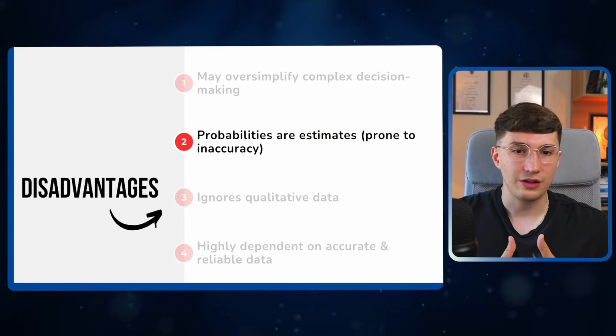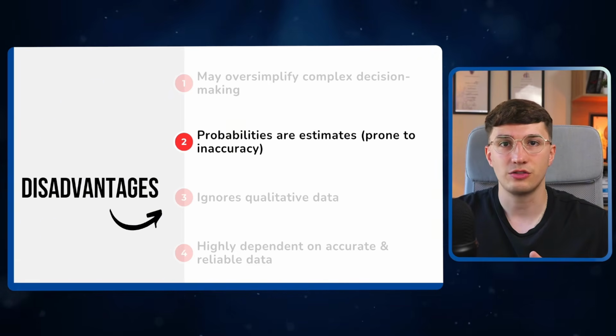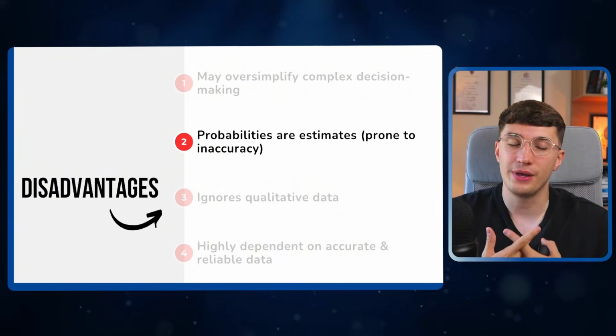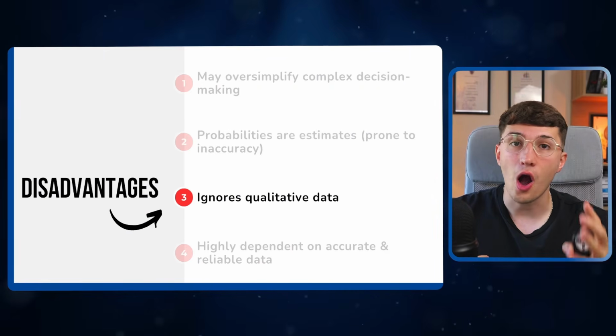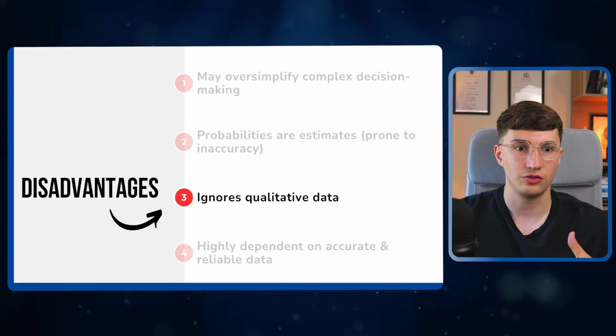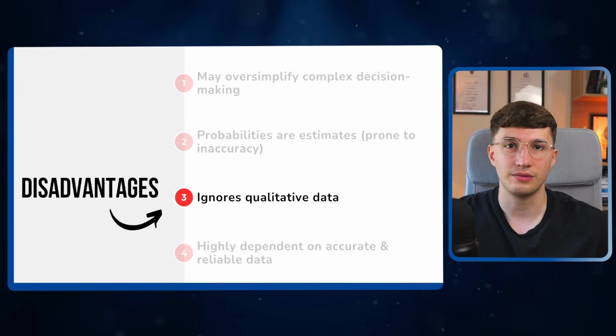We could say that on the decision tree there is an 80% likelihood that it's going to succeed. But in realistic terms, that could be completely off. And when looking at our decision trees, they only use quantitative data. We only use numerical data such as the financial gain. And that means we ignore any qualitative data.